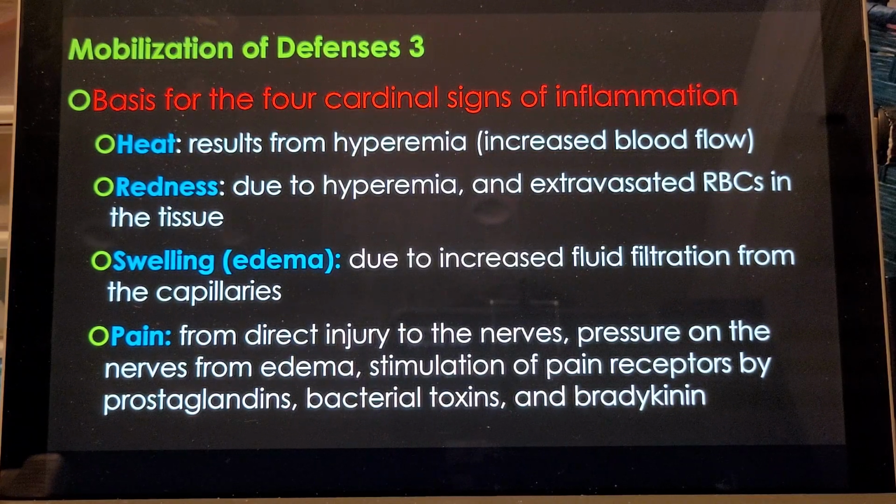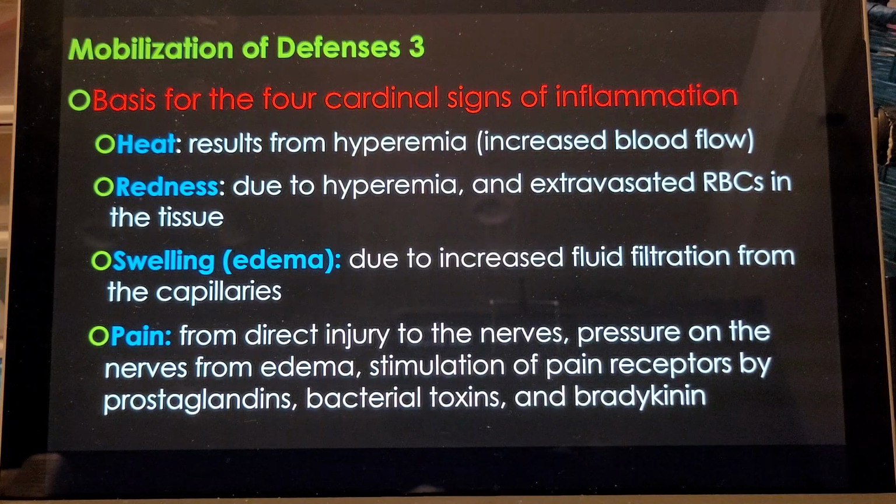And then lastly, pain. Some of it's because your nerves have been injured, and so you get a pain signal to the brain, because the brain is like, this signal is abnormal, must be pain. Of course, sometimes it just starts making up stuff, but abnormal signal, brain detects it as pain. Sometimes it's just because the swelling in that area pushes against the nerves, and so it causes pain.